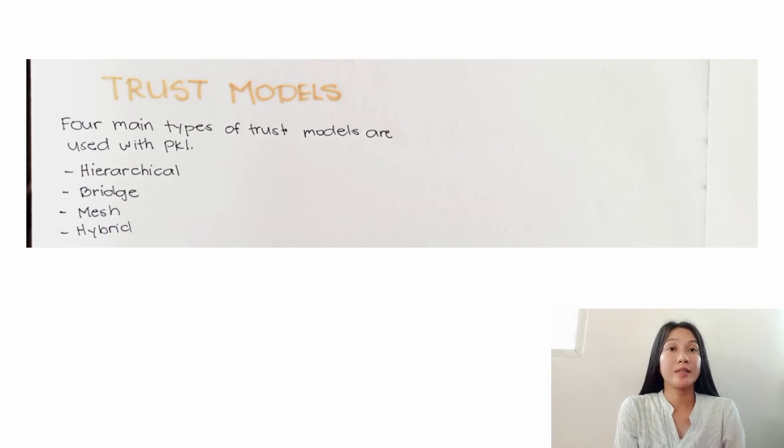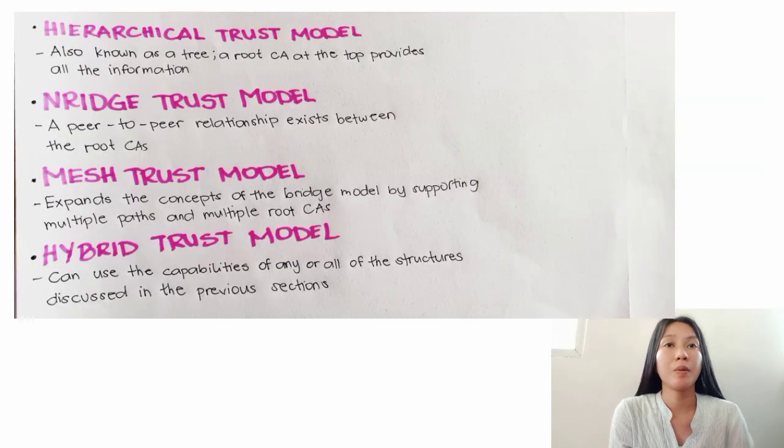Trust models. There are four main types of trust models used with PKI: hierarchical, bridge, mesh, and hybrid. The hierarchical trust model is also known as a tree. A root CA at the top provides all the information.